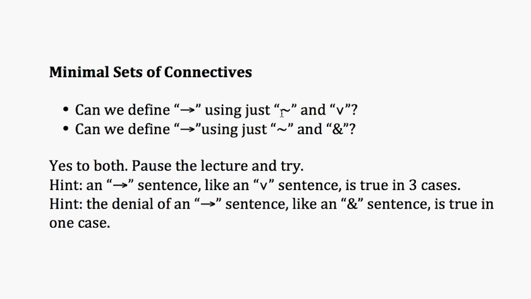Find a sentence using not and or, with P and Q, that means P arrow Q. Find a sentence using not and and, with P and Q, that means P arrow Q. And you might keep in mind that an arrow sentence is true in 3 cases, and the denial of an arrow sentence is true in 1 case. So give that some thought, give it a try, see what you come up with.